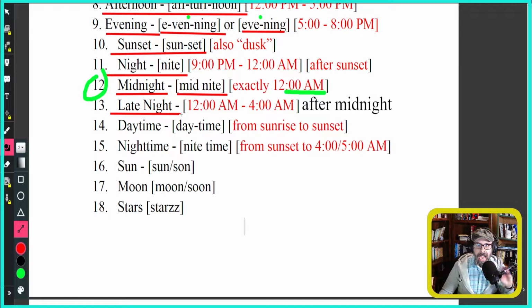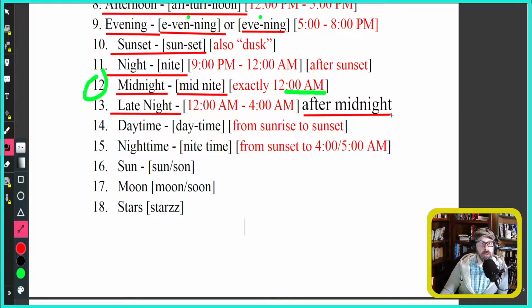13, late night. Okay, number 13, late night. You notice there's a note here that says this is after midnight.